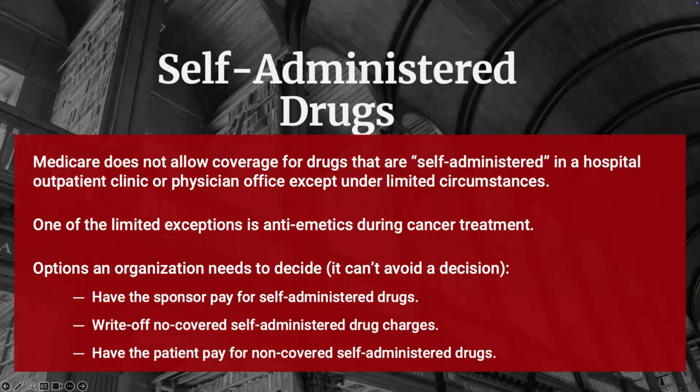And then it has exceptions, meaning that they do cover certain drugs. So as we have it framed here, they don't cover except under limited circumstances. There's a really big one that they do cover. And that's one of those limited exceptions where there's coverage: antiemetics during cancer treatment.